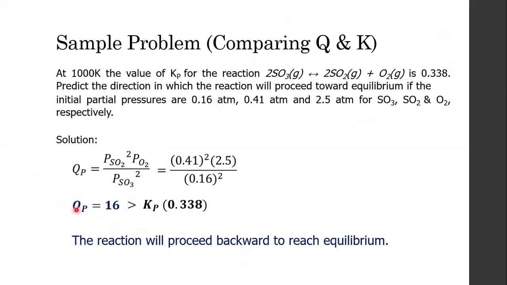Since Q exceeded K, the reaction should proceed backward to reach equilibrium. In other words, after we have these initial partial pressures, the system will find a way to produce more reactants and get rid of the excess products so that it can reach equilibrium.